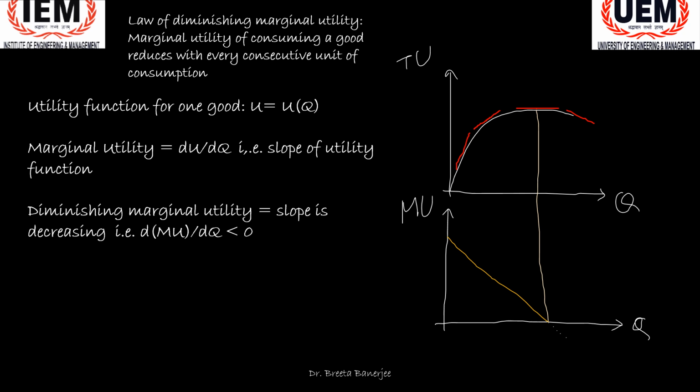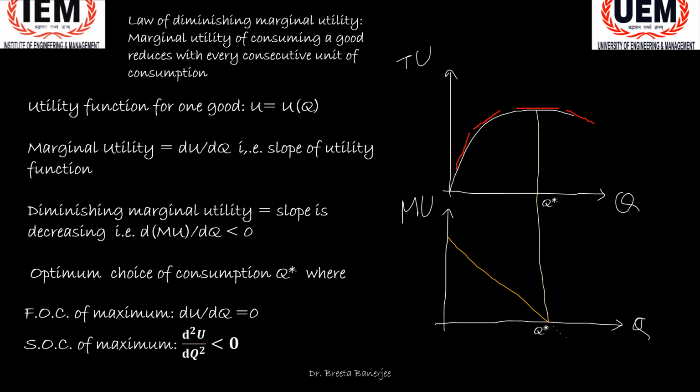From this schedule we can also find our optimum level of consumption, basically this point. If our optimum choice of consumption is Q star, then through the first order and second order conditions of maximization, our FOC will be dU/dQ = 0.